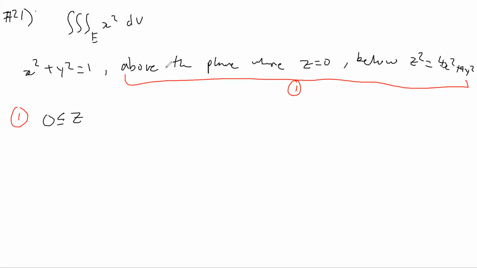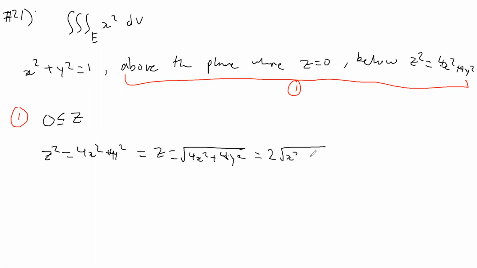Since we're looking at the solid region above the plane where z is equal to 0, what we can do about z squared equals 4x squared plus 4y squared is simplify this down to z equals the square root of 4x squared plus 4y squared, which further simplifies to 2 times the square root of x squared plus y squared.